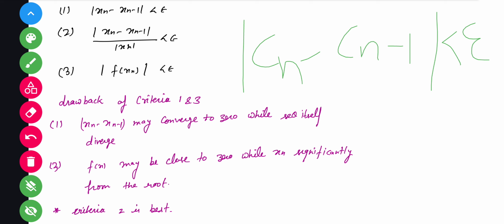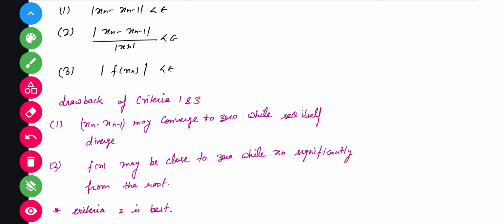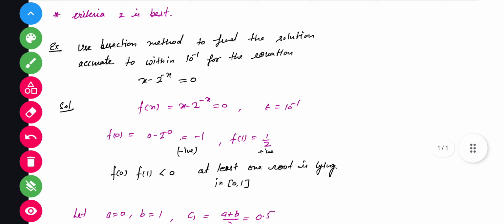So what is Cn and what is Cn minus 1? Cn is the midpoint, and Cn minus 1 is also a midpoint, from the previous iteration. We will see this now in the question.